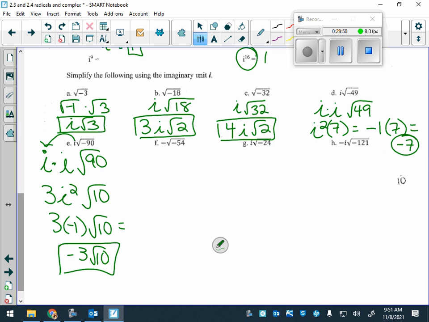Now if we look at F, you just have a -1 on the outside. Okay, you just have a -1. Keep it as is. If I see a negative inside the radical, what comes out? i, okay? Then how do I simplify the square root of 54?